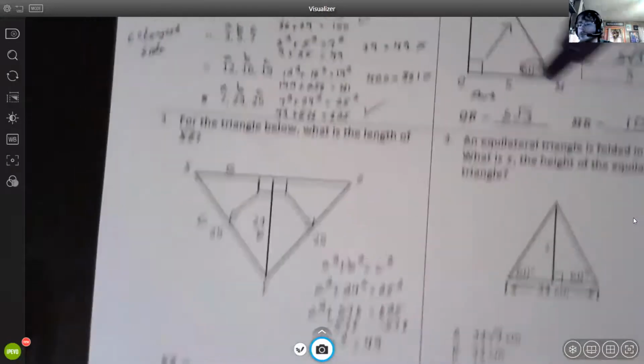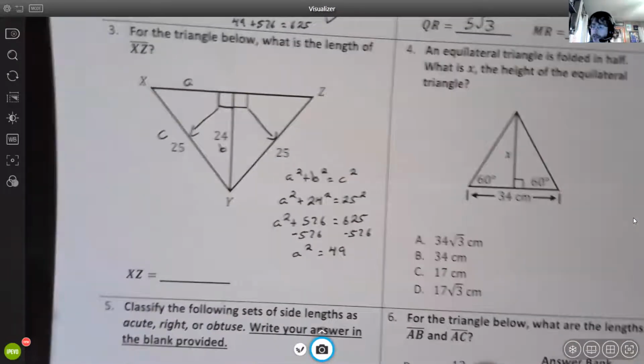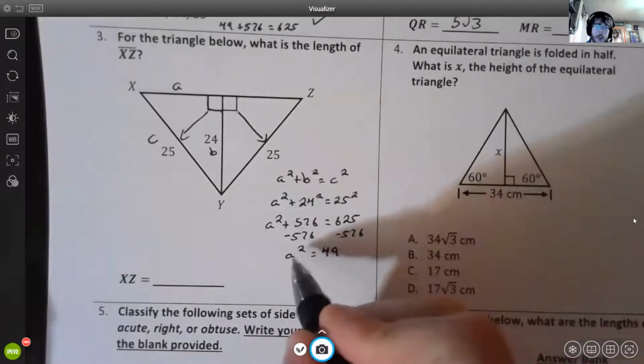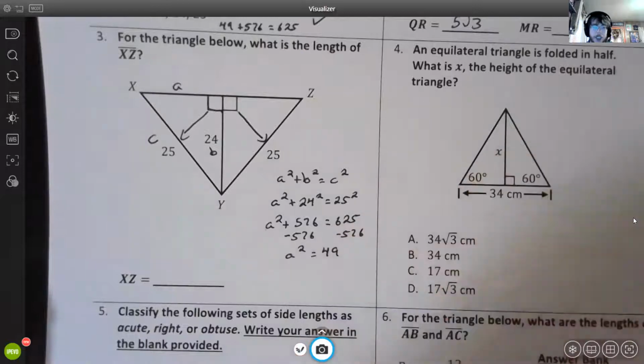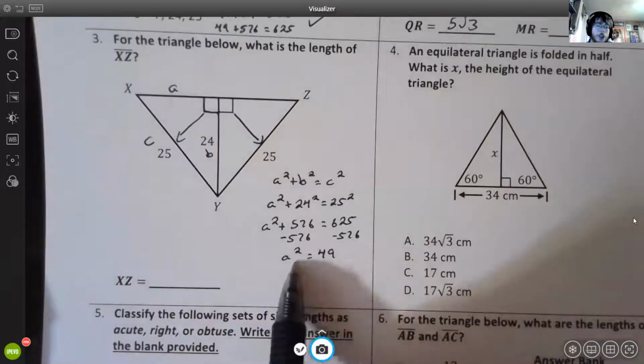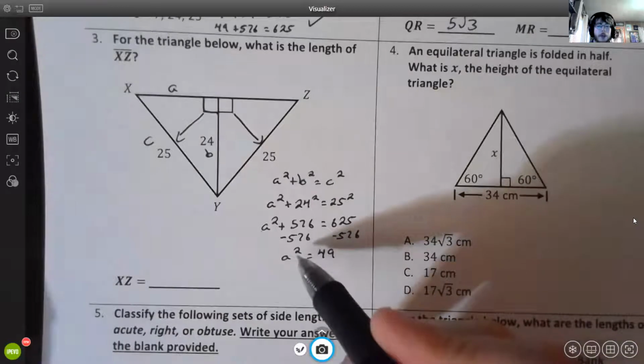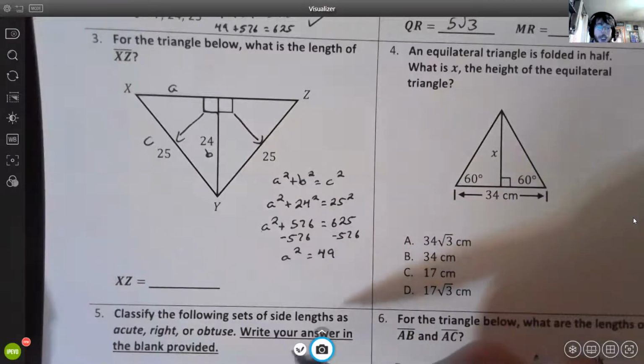Now, this is what trips up a lot of people. We're not done yet. This A squared still needs to be simplified and something gotten rid of. We just want A, not A squared. So what we need to do is do the opposite of squaring a number, and the opposite of squaring a number is to square root it.